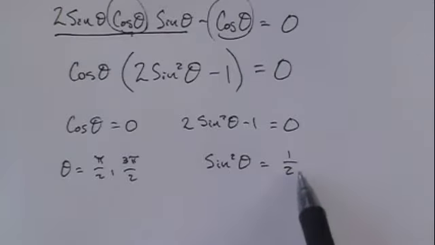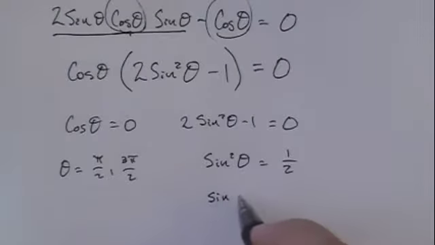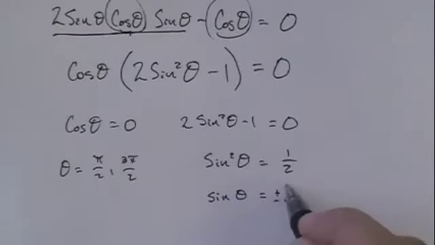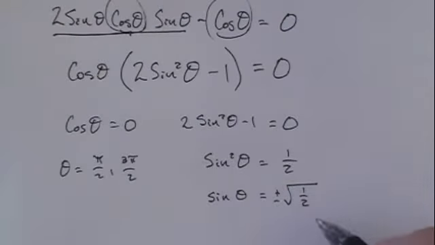Now we're taking the square root of both sides. So sine of theta is equal to plus or minus the square root of 1/2. We can simplify that: square root of 1 over the square root of 2. So now we're saying plus or minus, if I rationalize the denominator, that becomes square root of 2 over 2.